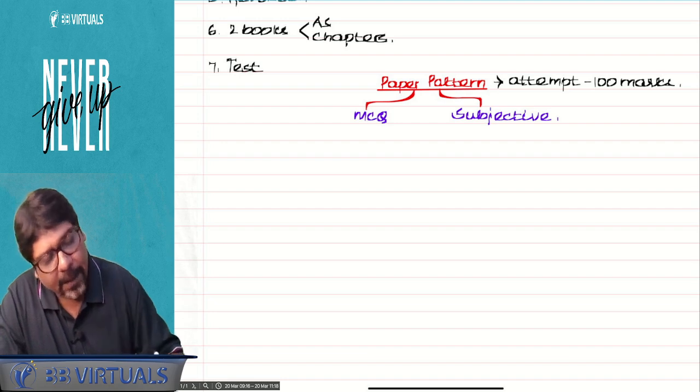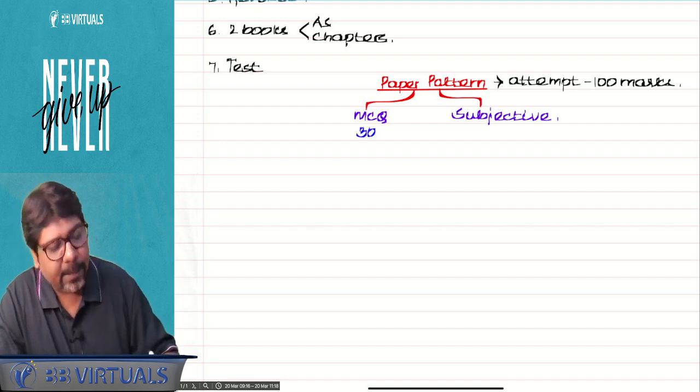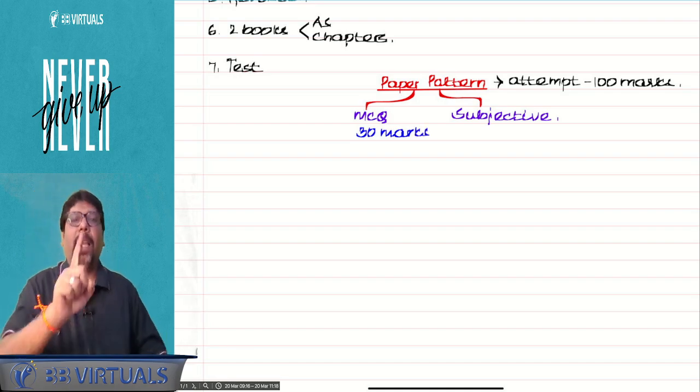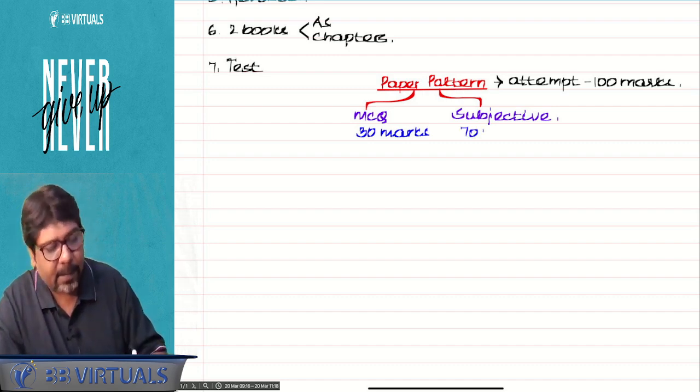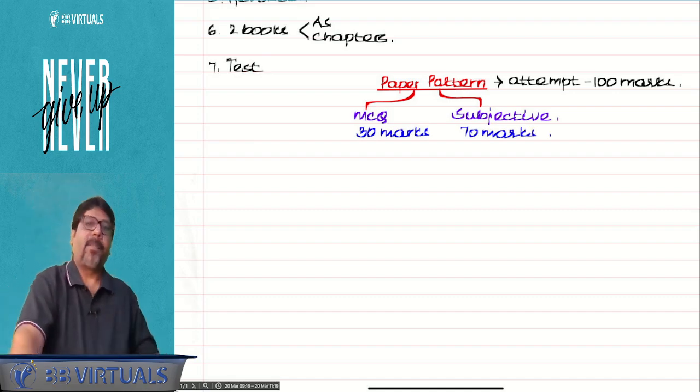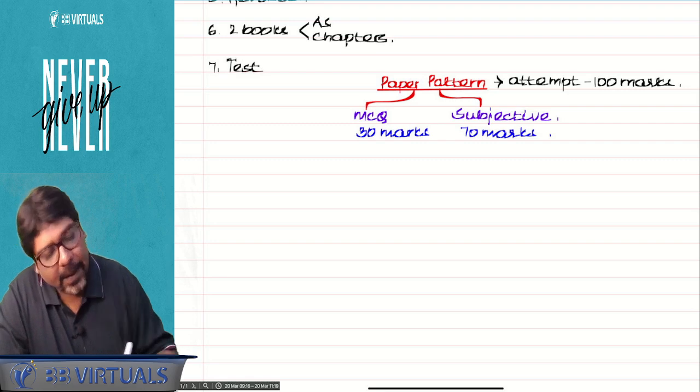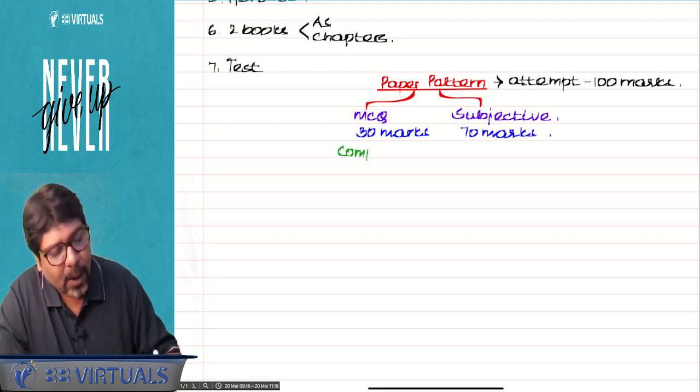MCQ is 30 marks. Subjective 70 marks. Correct? This 30 marks is compulsory. You have to attend, there is no choice.